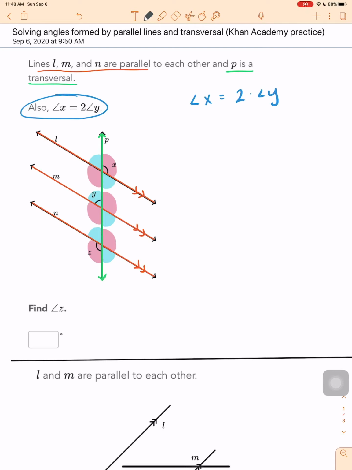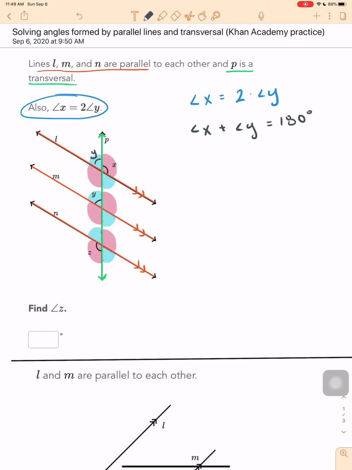And I know that all the blue angles are equal to angle Y. I could have put it here as well; it doesn't really matter, but I'll just use this one. I know that angle X plus angle Y is equal to 180 degrees.